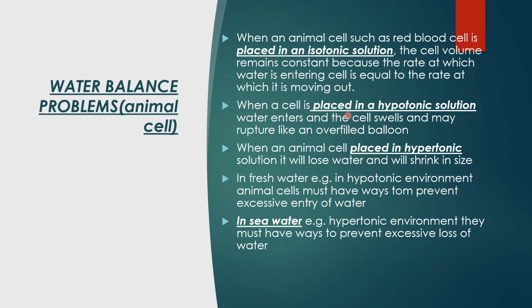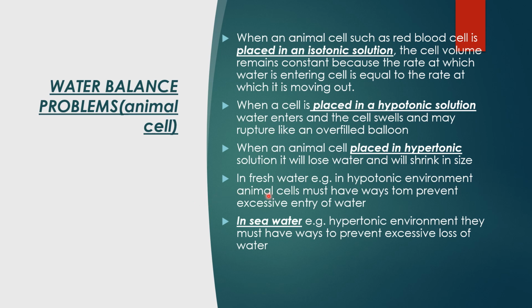When a cell is placed in a hypotonic solution, water enters and the cell swells and may rupture like an overfilled balloon. When an animal cell is placed in hypertonic solution, it will lose water and will shrink in size.